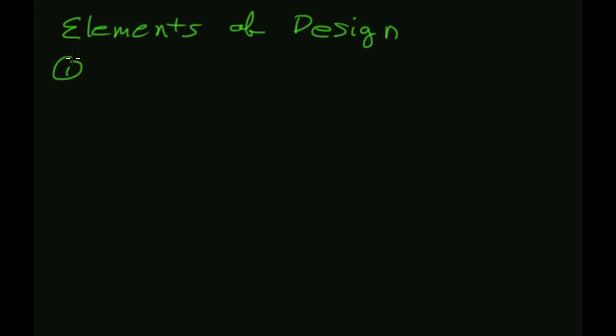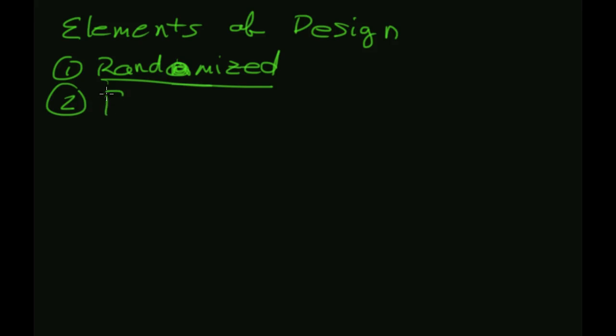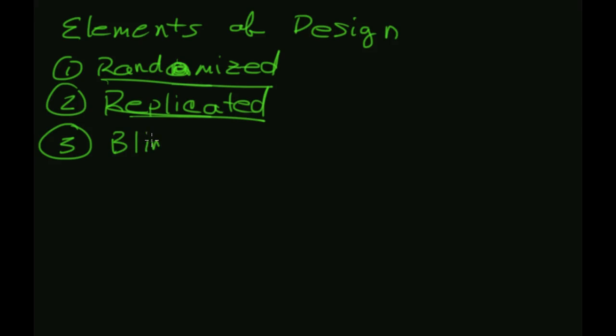We want to make sure that subjects are randomized, that we're not using some sort of method to put them into either the control or the experimental group other than a random process. We want to make sure that the experiment can be replicated so that it can be done by someone else somewhere else and achieve the same results. We want to have blinding. Blinding means that the control and the experimental groups have no idea which group they're in.